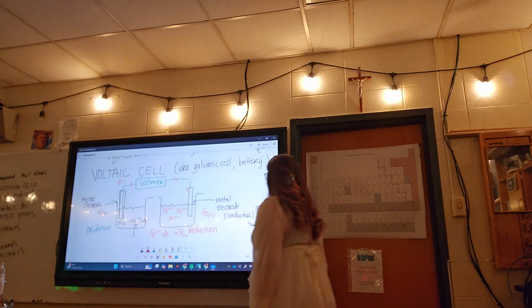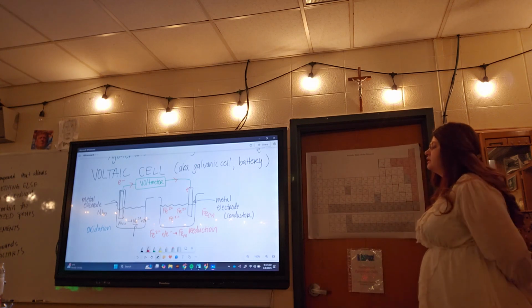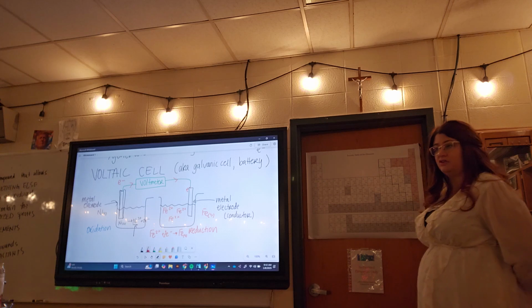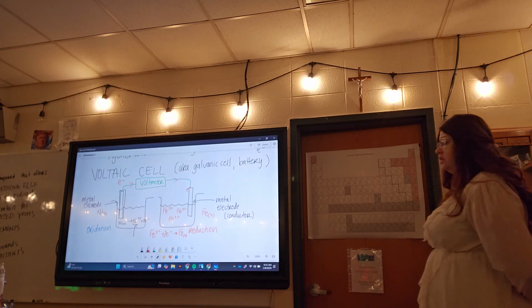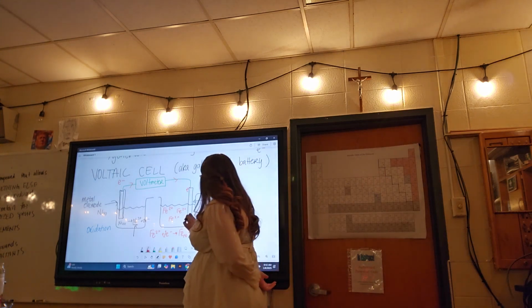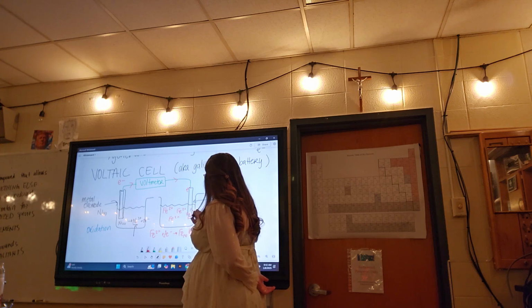Eventually we'll talk about it, but not today. So one of those iron ions is going to pick up 2 electrons, and then it'll turn into iron. And so what will that mean? It'll mean that you'll have all of these new iron atoms that will form onto the electrode.